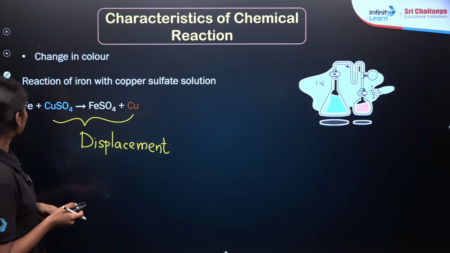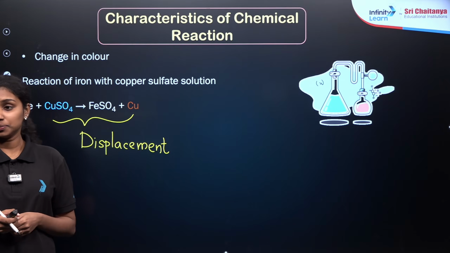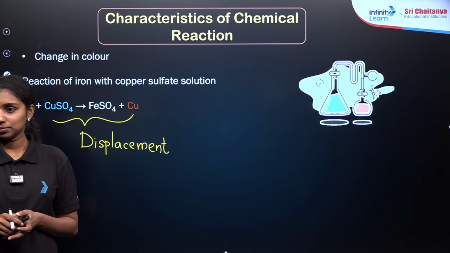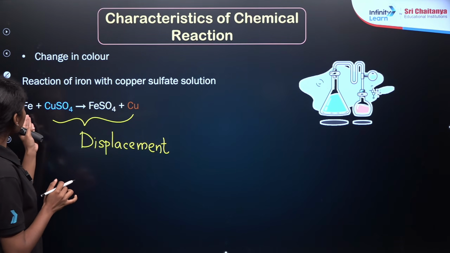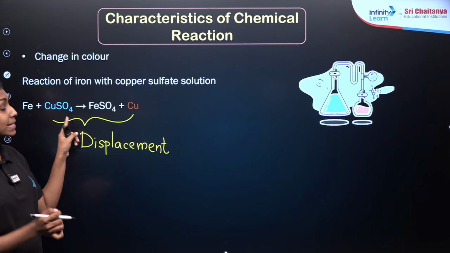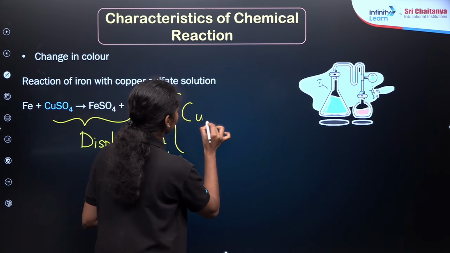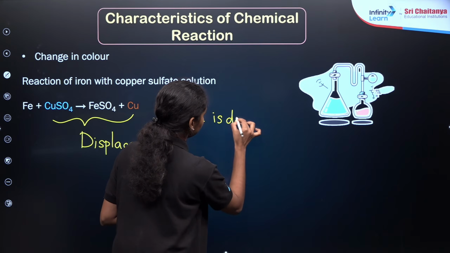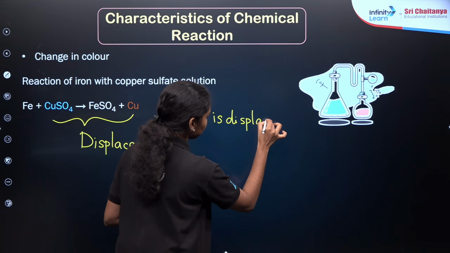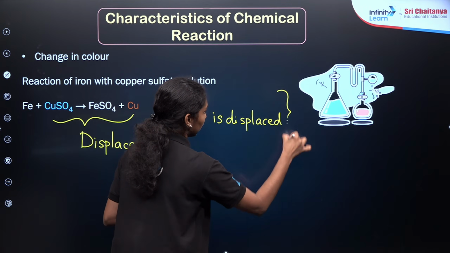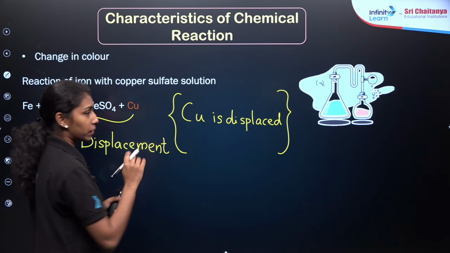Yes, iron, right? So what are we experiencing here? The iron can displace the copper from the copper sulfate. So copper is displaced here. Let us discuss later in terms of displacement reactions.